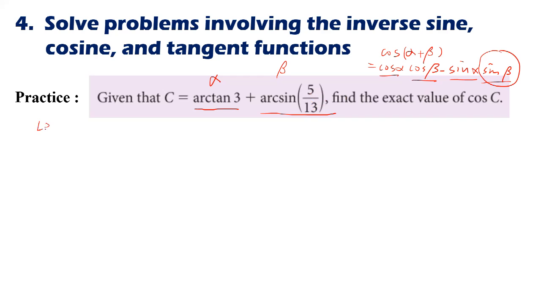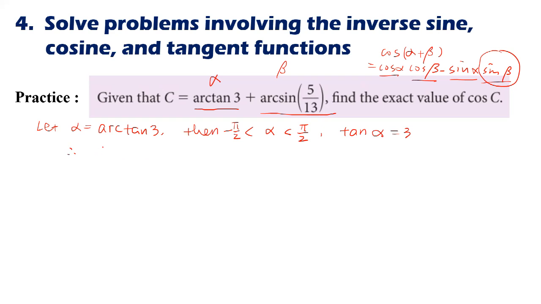All right, so first of all, let alpha be arctangent 3. Because it's arctangent 3, alpha must lie within minus half pi to half pi, and we also know that tangent alpha equals 3.